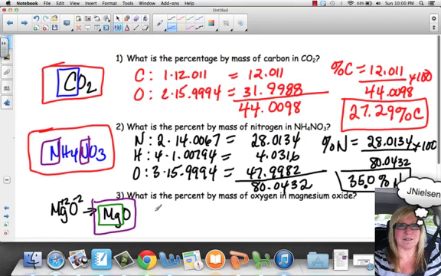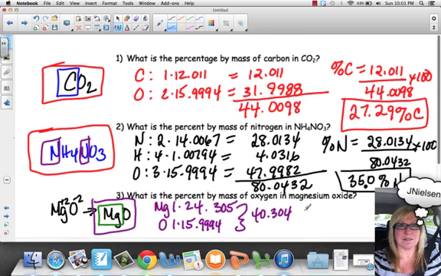So Mg, we've got 1 times 24.305 and oxygen 1 times 15.9994. So all I have to do is add these up and I get 40.304.